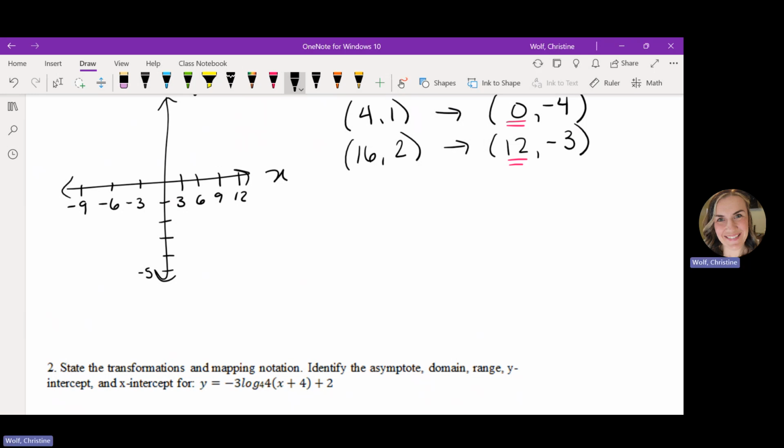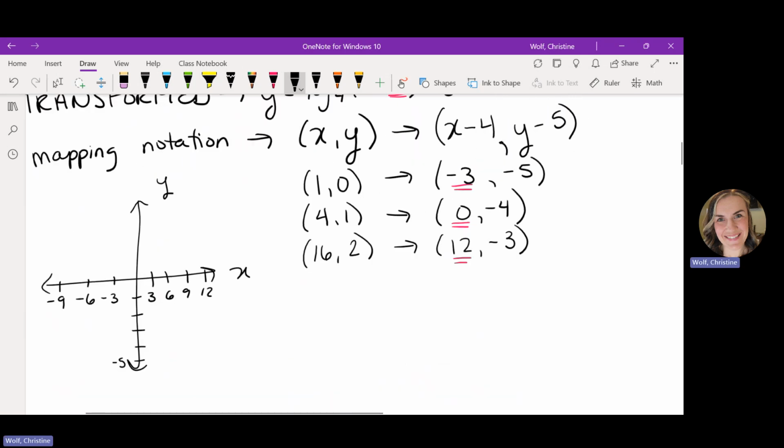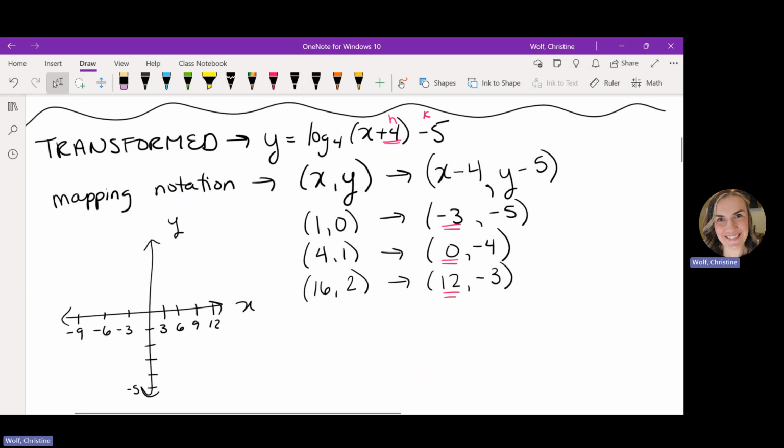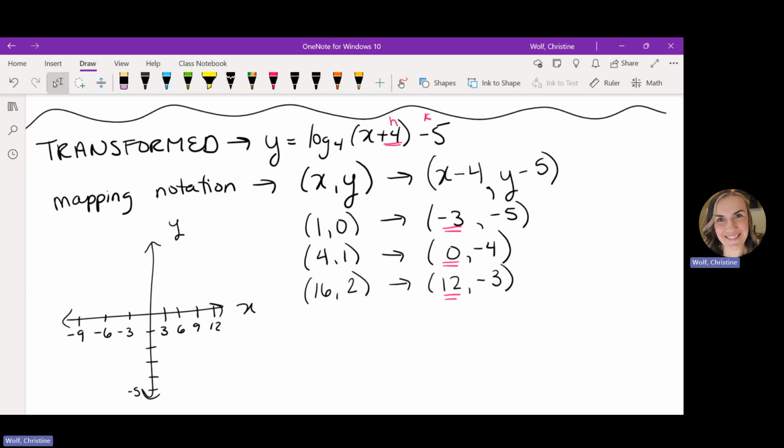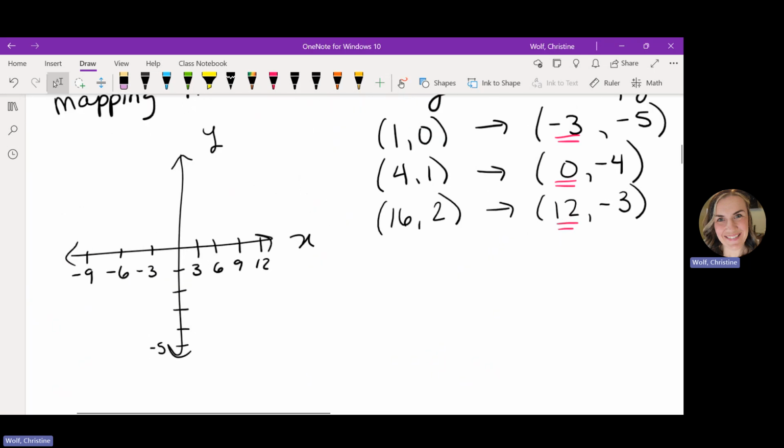It was your K. If K was -3, your asymptote was down at -3. Okay, so everything has swapped. So what's going to determine our asymptote now? H. Whatever happens to X. So my H value is that +4 in the bracket, right? But -4. So now our asymptote is going to be at -4.